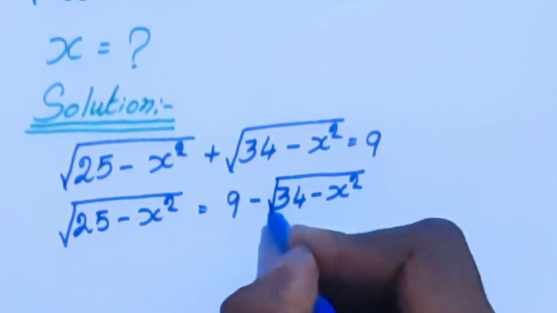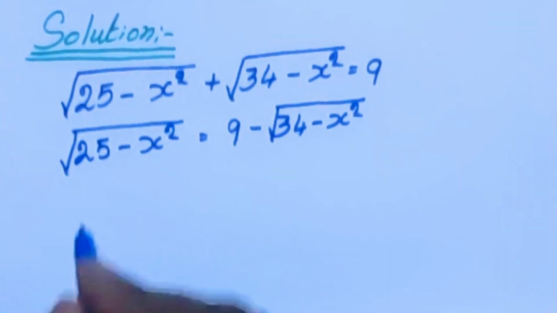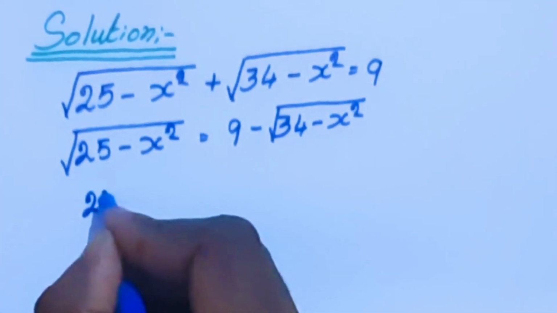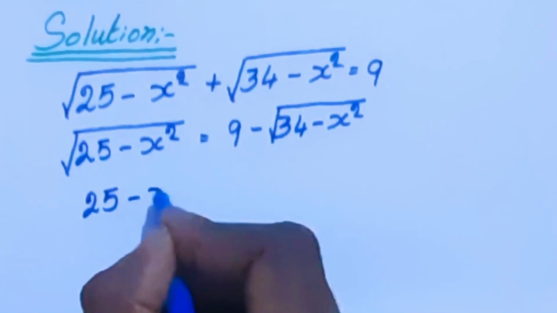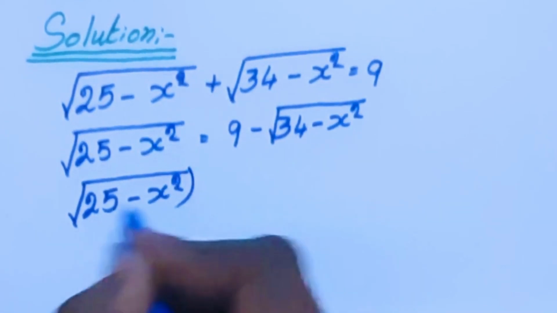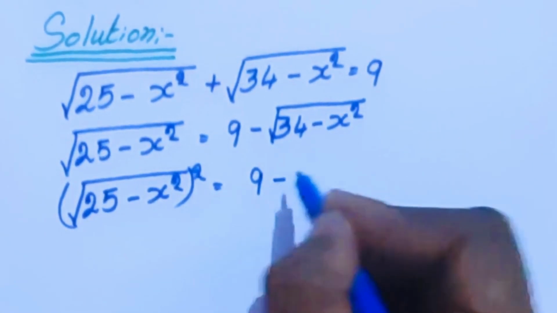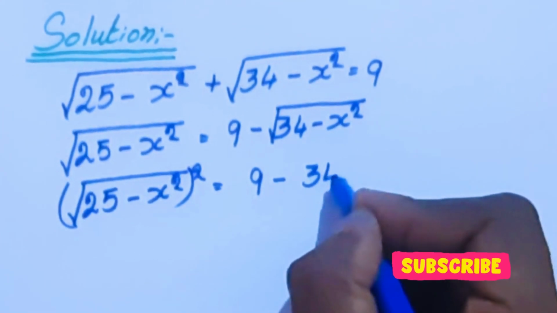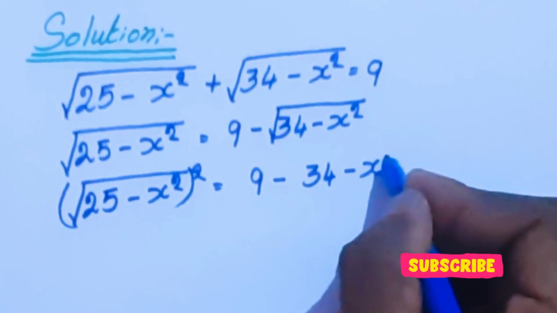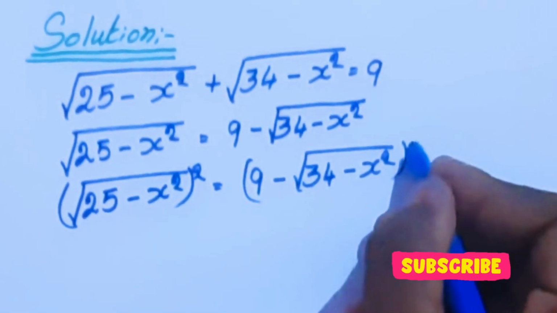Now we are going to take square on both sides, so square root of (25 minus x square) whole square equal to 9 minus square root of (34 minus x square) whole square.